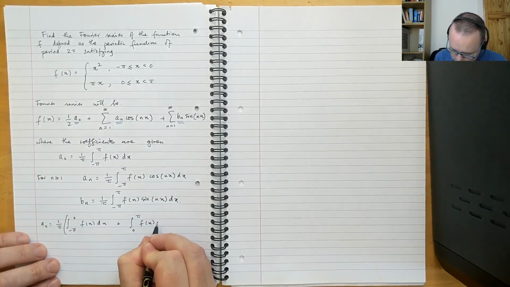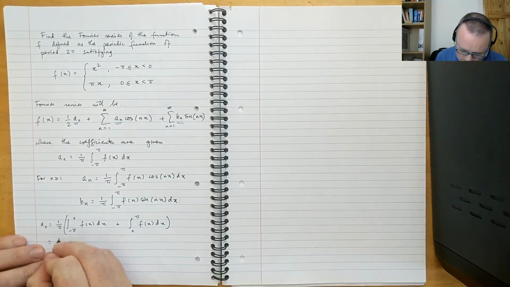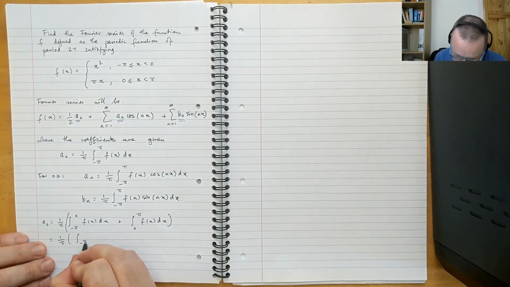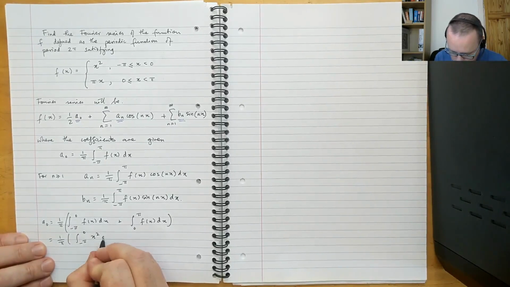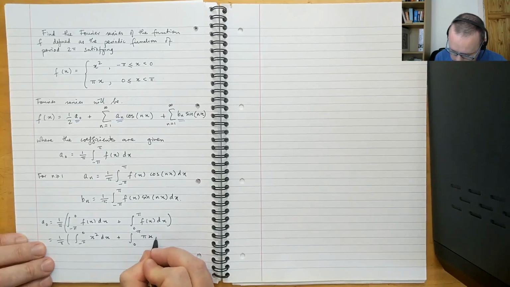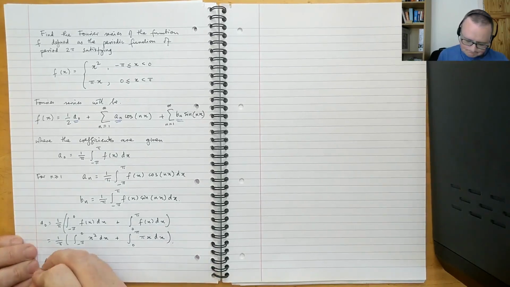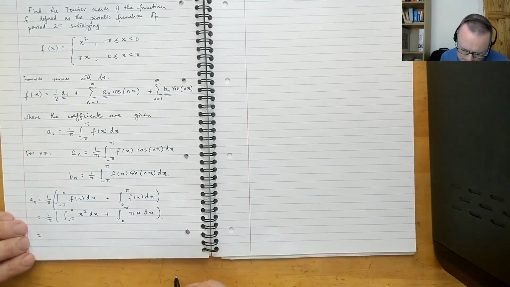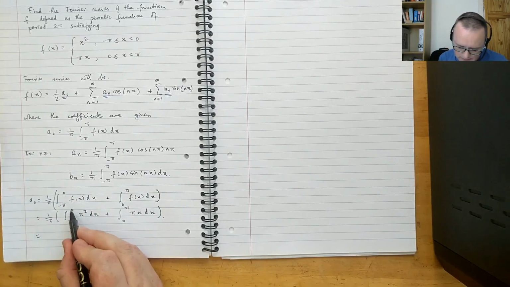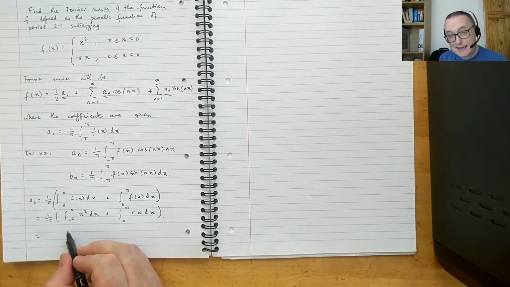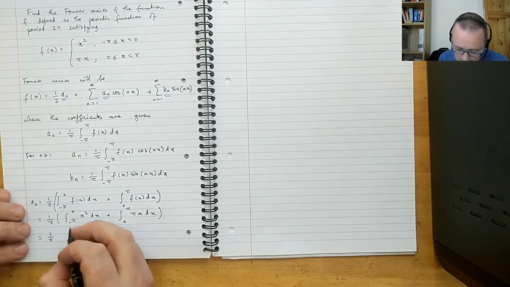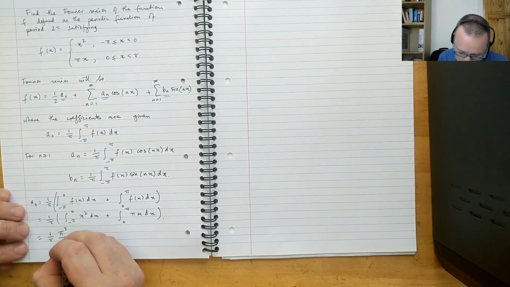So this is the integral from minus pi to 0 of x squared dx, and this is the integral from 0 to pi of pi x dx. So what does this give us? Well, integrating x squared gives us x cubed over 3, and you evaluate at 0, you get nothing. At minus pi, you get minus pi cubed over 3, which is subtracted again, so it becomes plus pi cubed over 3.